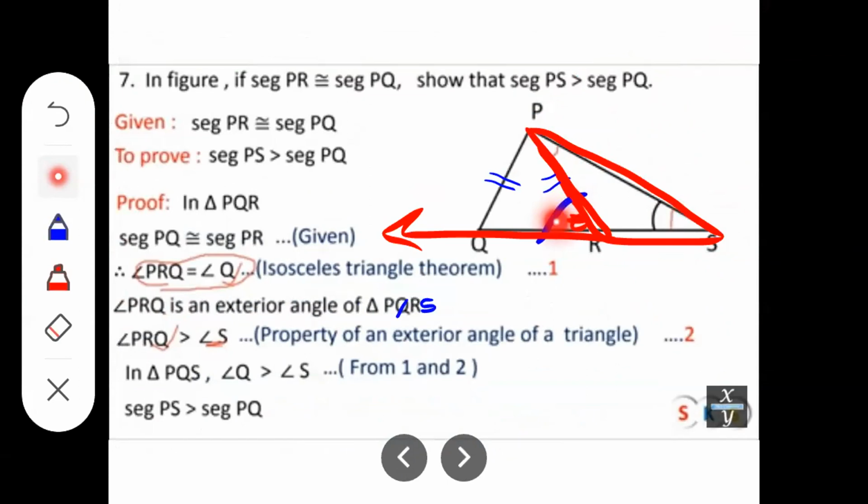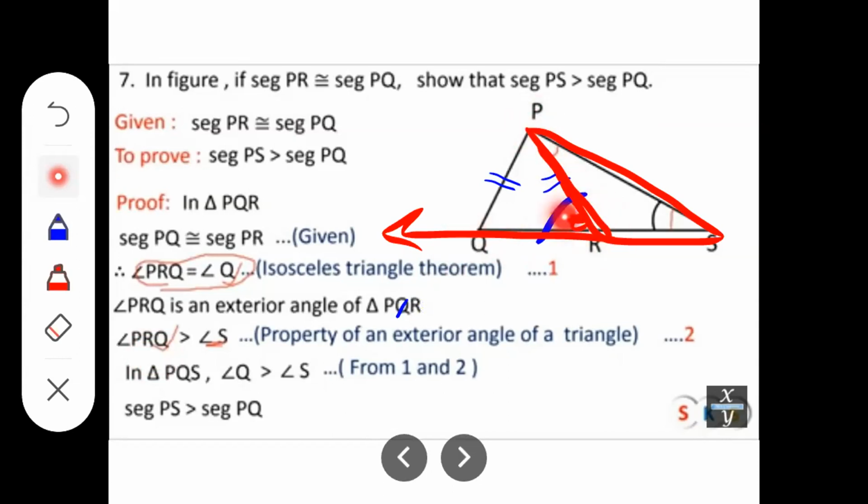Now, by the exterior angle property, what was the property? An exterior angle of a triangle is greater than its remote interior angles. So here angle R, PRQ, is greater than its remote interior angles.